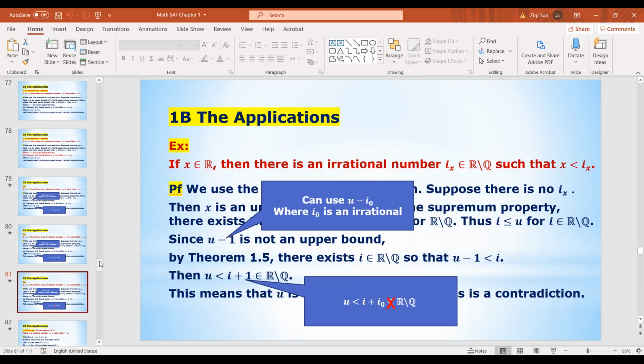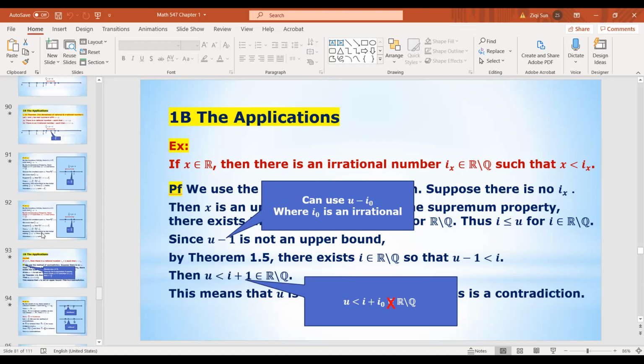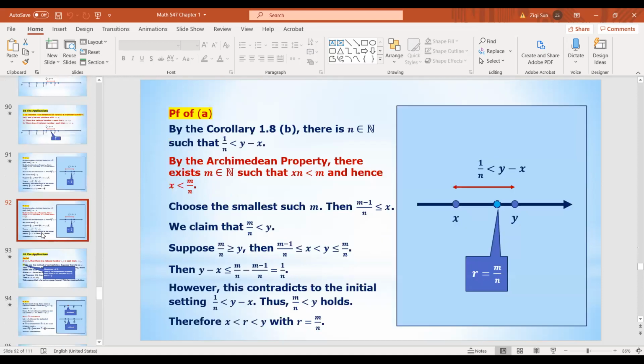in a minute. So let's consider this. This is the proof of the existence of square root 2, right? Here you can see the paragraph in red.